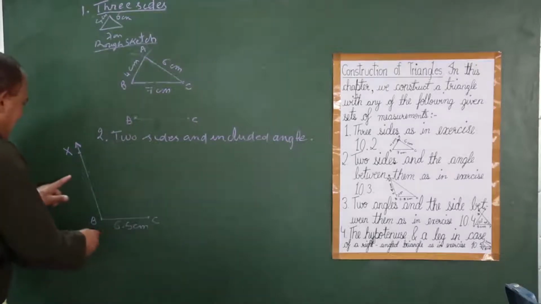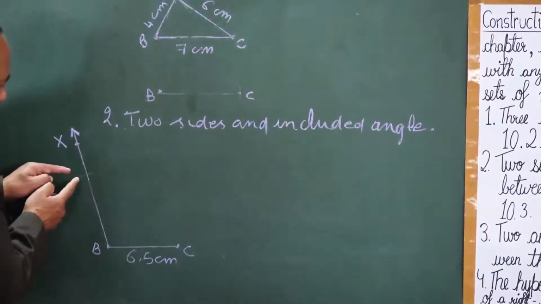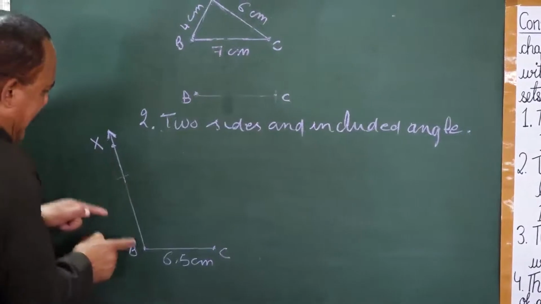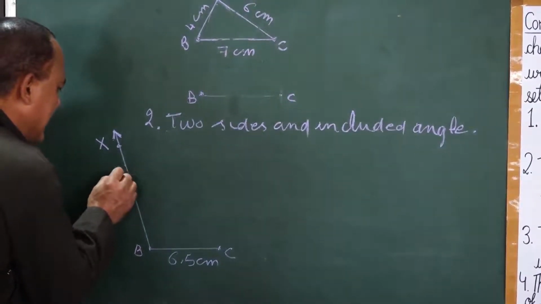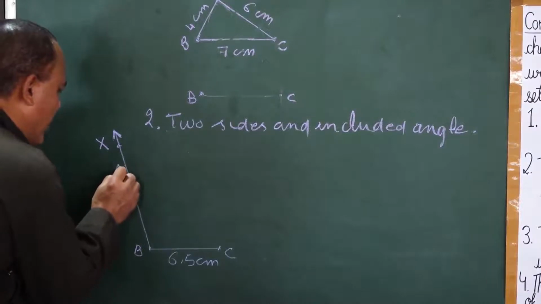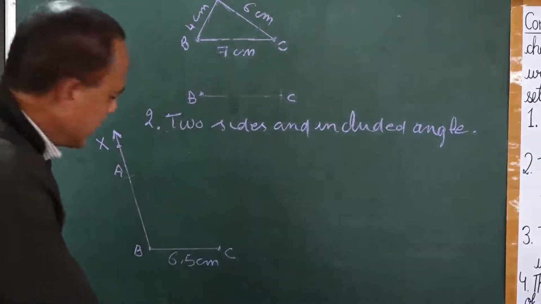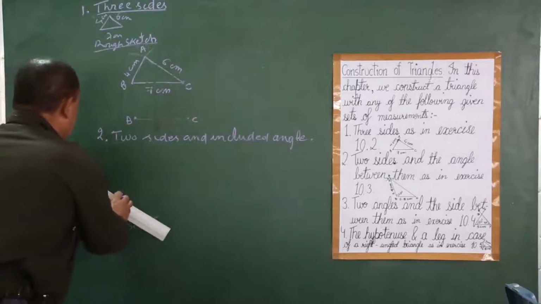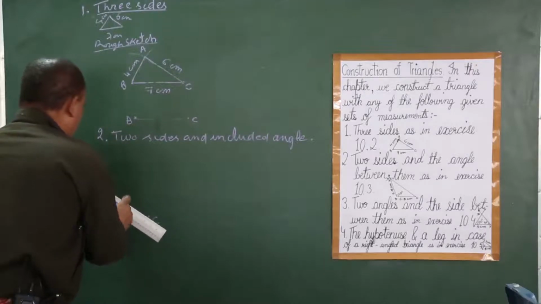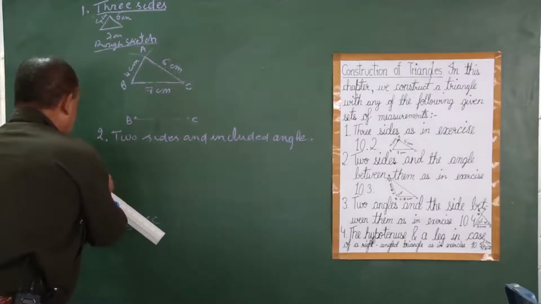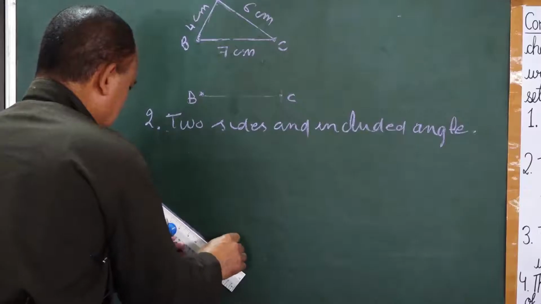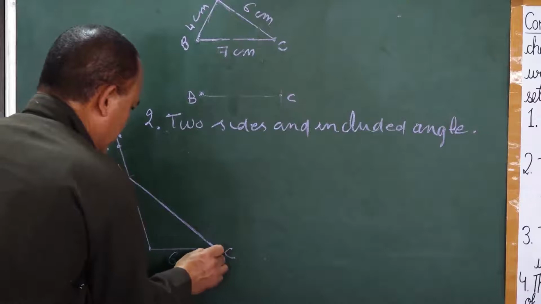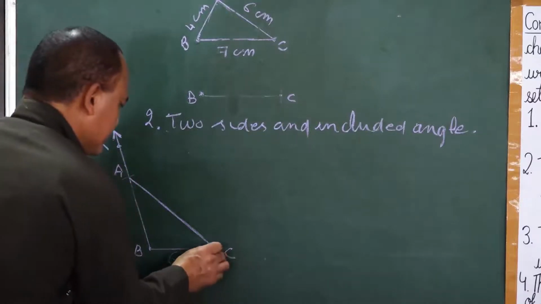Once you do that, you write the point of intersection of the arc and the line BX. You name this point as A. So once you do that, you join this to C.